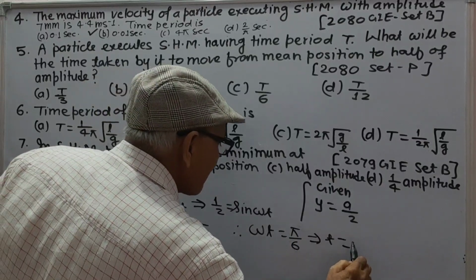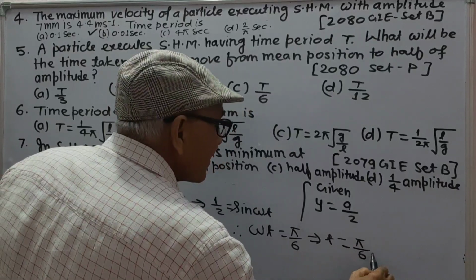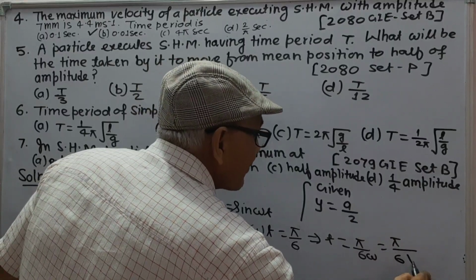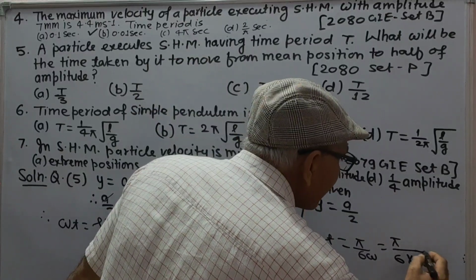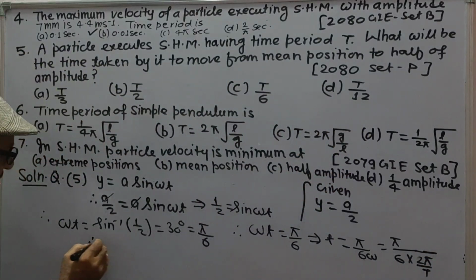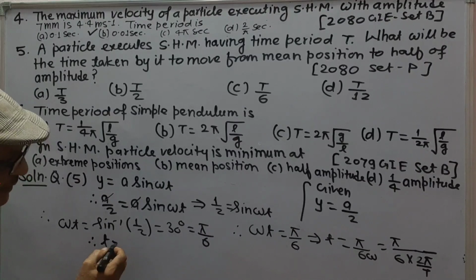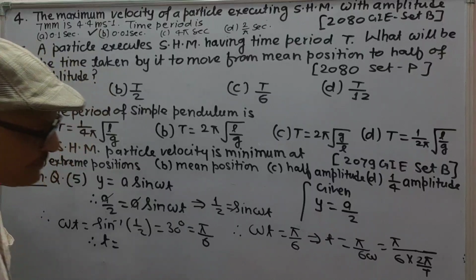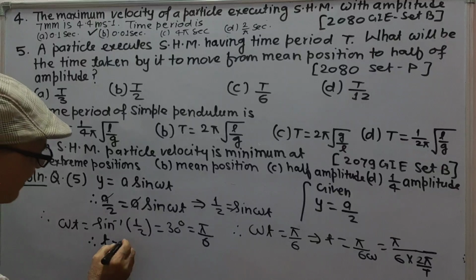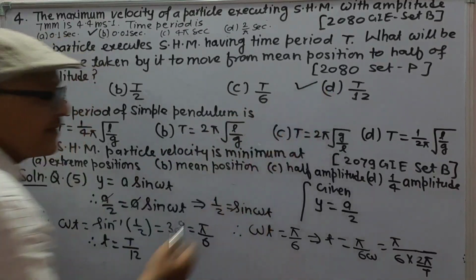Small t will be equal to pi upon 6 omega, which is pi upon 6 into, omega means 2 pi by T. Therefore, t will be equal to T upon 12. So the correct option will be D.